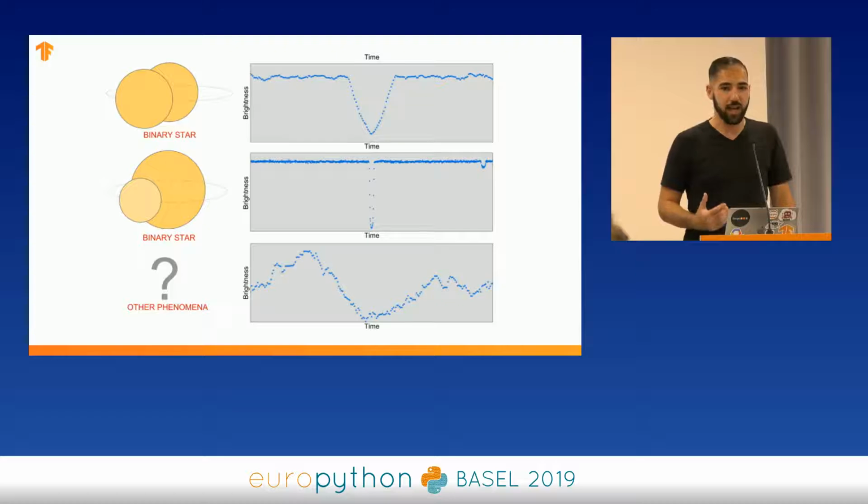Then using artificial intelligence, we can predict whether or not those fluctuations in brightness are due to a planet or another object. So this is another example of the sort of research that we're doing.